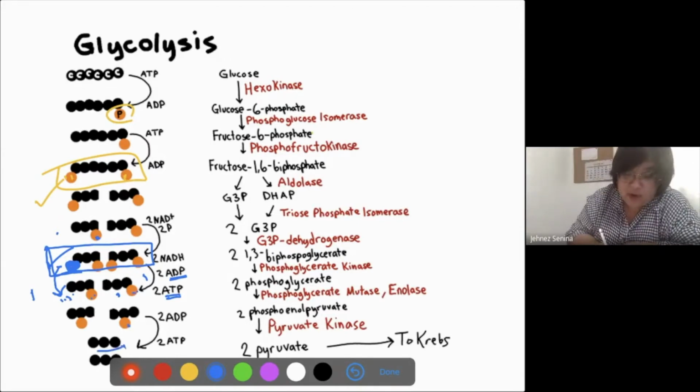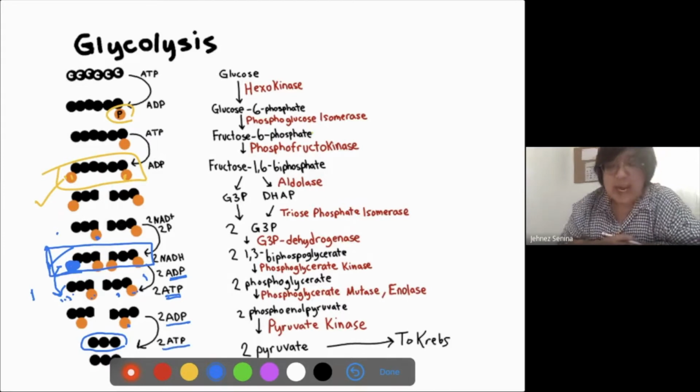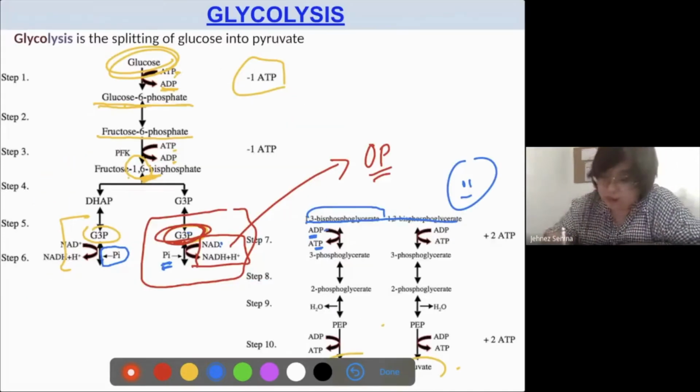Look, no more phosphate. Where did the phosphate go? You attach it to ADP to form ATP. Let's go back to my diagram here. So you have here 2 phosphates. I remove 1, I form 1 ATP.